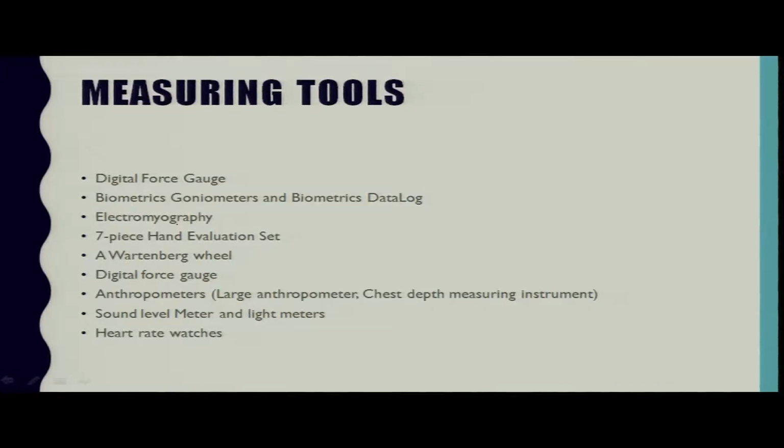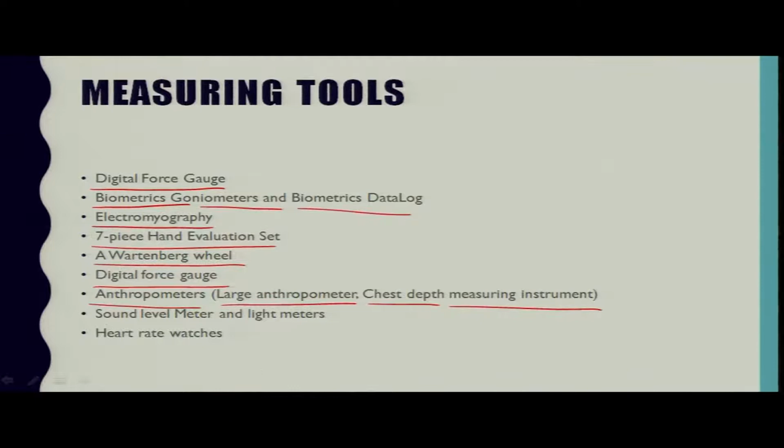Some of the equipment that I have listed here are digital force gauge, biometrics goniometers and biometrics data log, electromyography, 7-piece hand evaluation set, a Wartenberg wheel, anthropometers like the large anthropometer, chest depth measuring instrument, sound level meter, light meter, heart rate watches, etc. It is not limited to these categories.